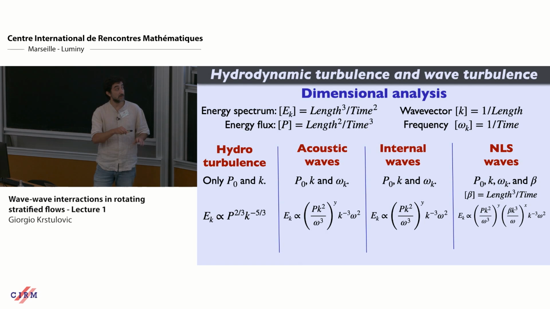In the T matrix, in the nonlinear part, there was a beta, which was independent of the linear dispersion relation. So there are two parameters, which means you have two dimensionless quantities, and even with pure dimensional analysis, if you know how the energy scales with the flux, you still don't know how to fix the other one, okay?